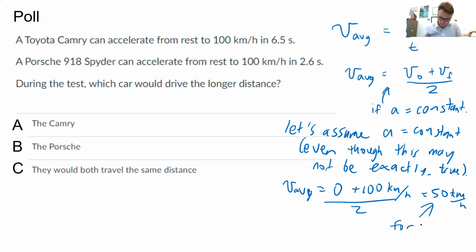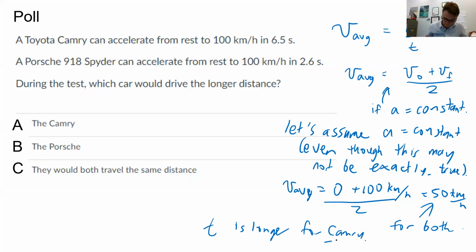So it's weird. You would think the Porsche would be faster than the Toyota, but during this test they both have the same average speed, because the test is defined as starting at 0 and getting to 100. So t is quite a bit longer for the Camry, so it'll go farther. d is farther.